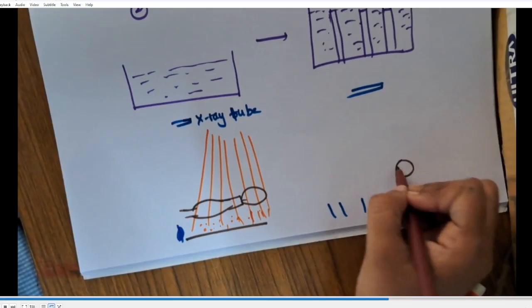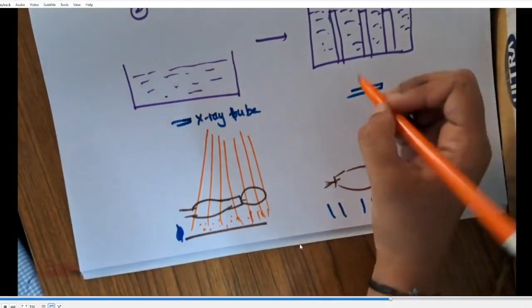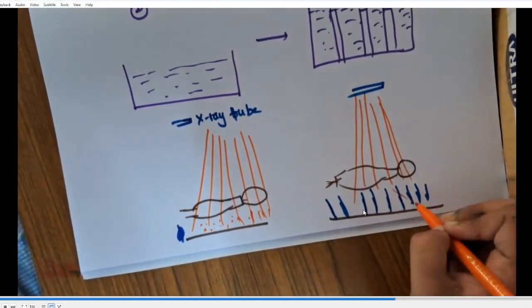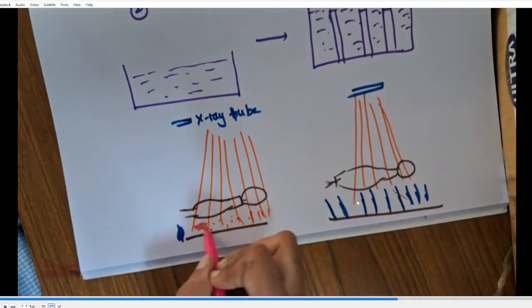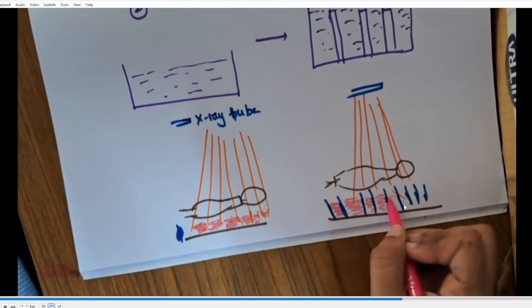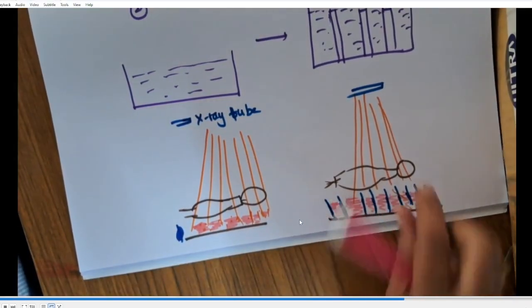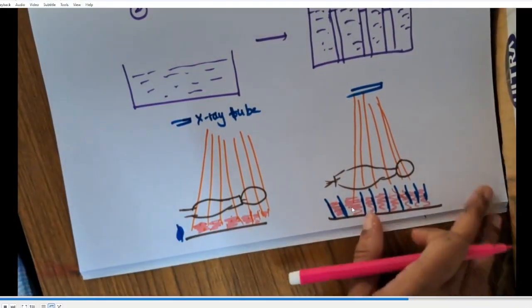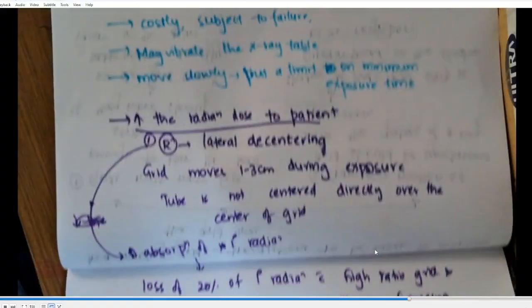Now, if you use a grid here, with the grid more photons are present per unit area because some of the space is occupied by the grid. The number of photons per unit area is more with a grid because the photons are concentrated between the lead strips.